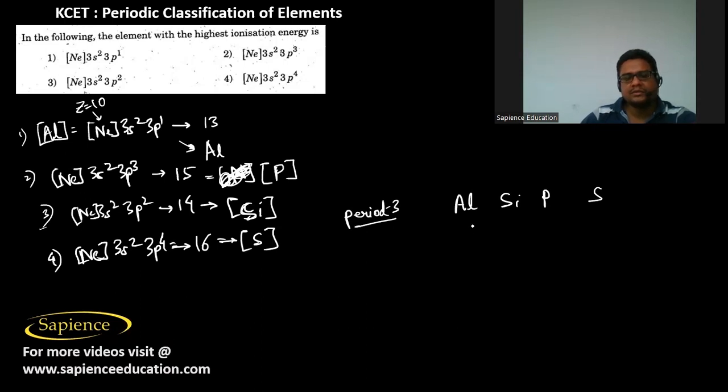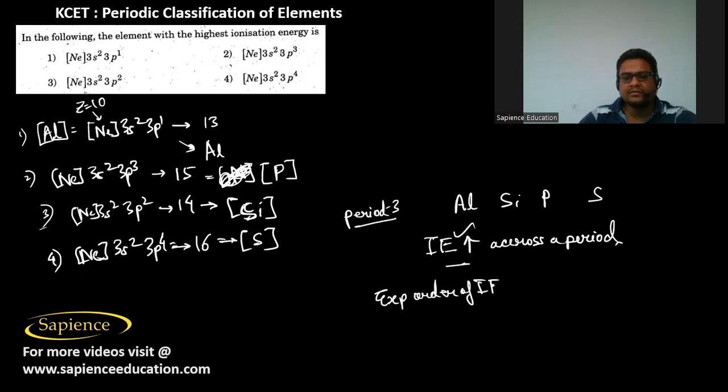As we know, the ionization energy increases across a period from left to right. So the expected order of ionization energy will be aluminum less than silicon less than phosphorus less than sulfur.